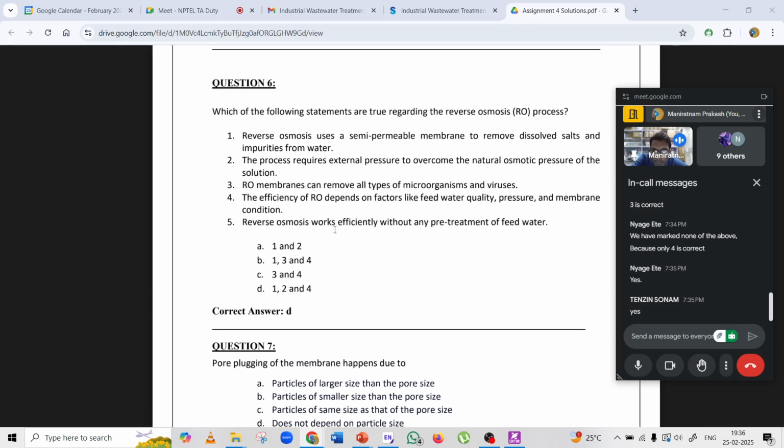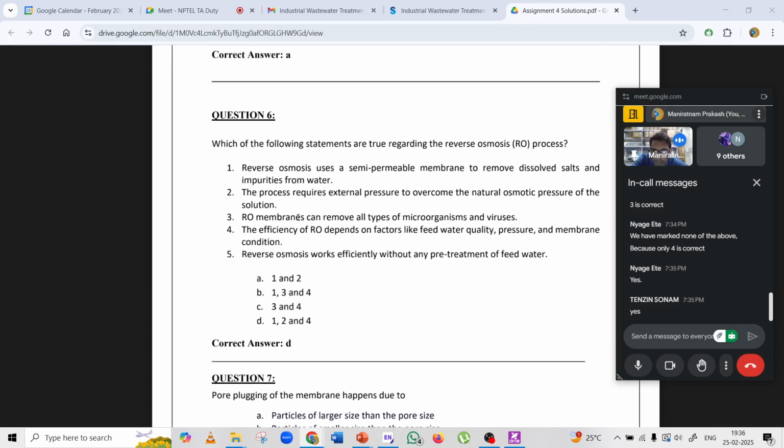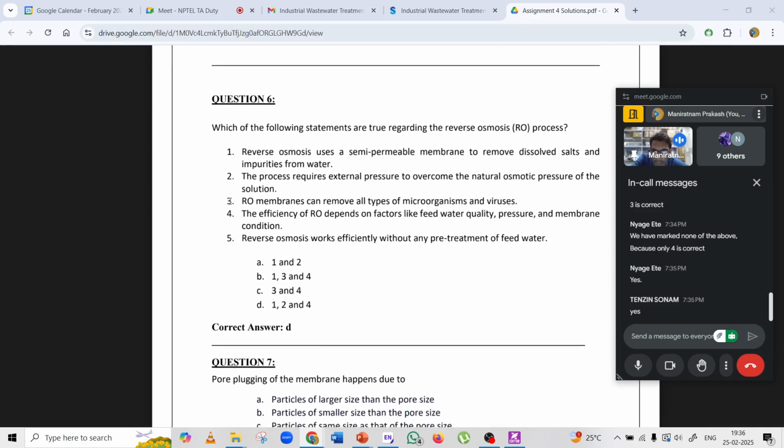In the last class, some of you asked the question whether an RO membrane can remove all types of microorganisms and viruses. Last time in the discussion, I said that this would be a correct statement, but it's not entirely correct.